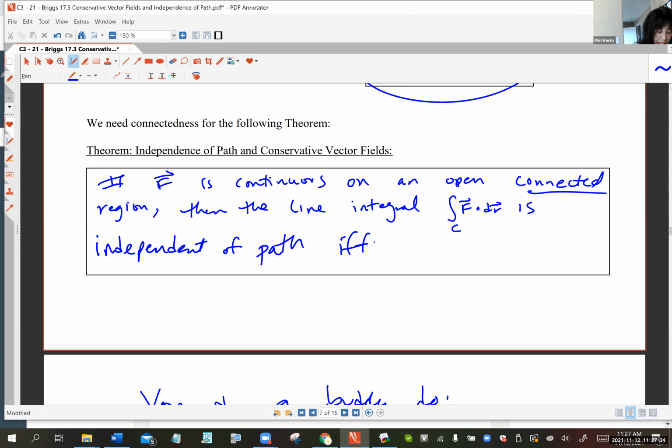What does IFF mean in mathematics? Anybody know what that's short for? If and only if. Good, if and only if.